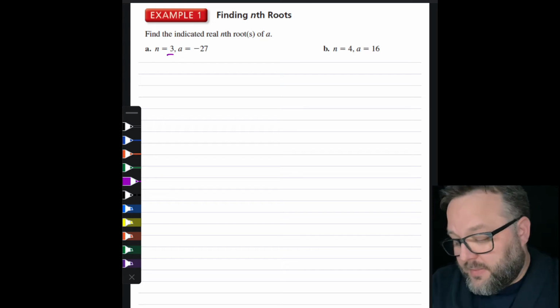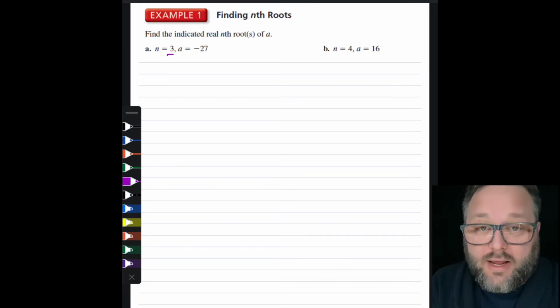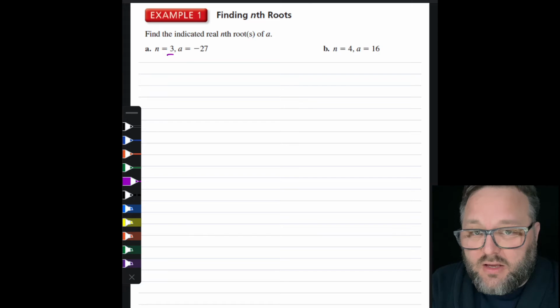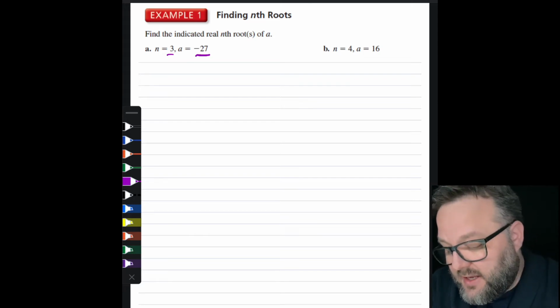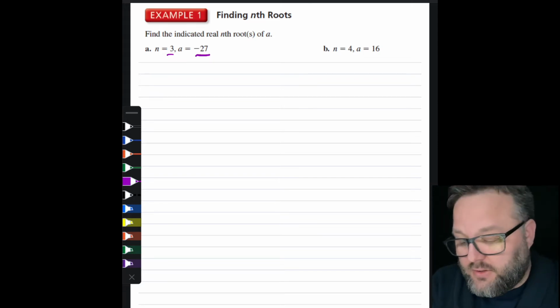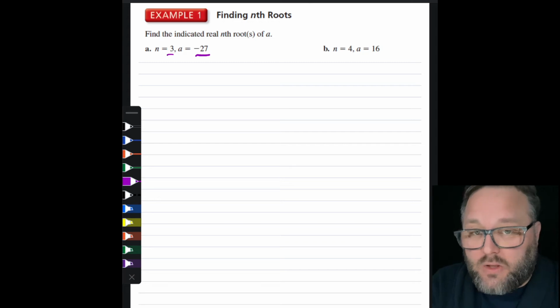So since n is odd, I know that I will only have one answer. It can be positive, it can be negative. Since a is negative, I know my answer has to be negative, okay?